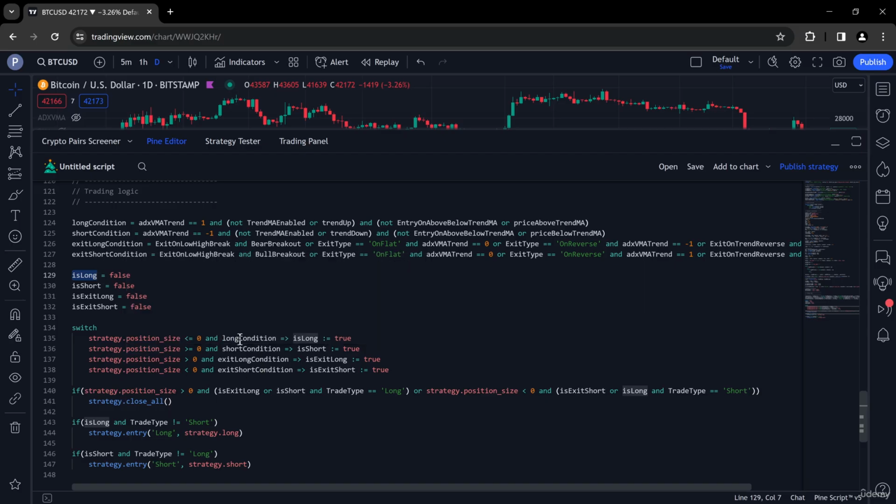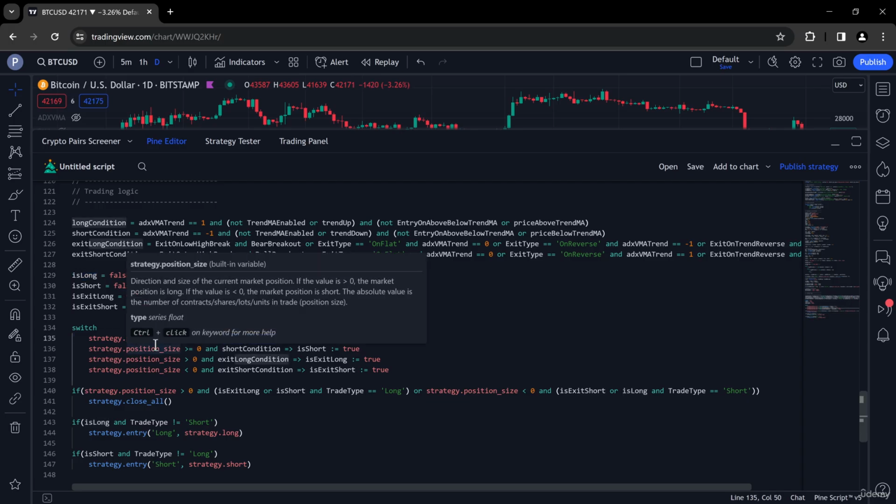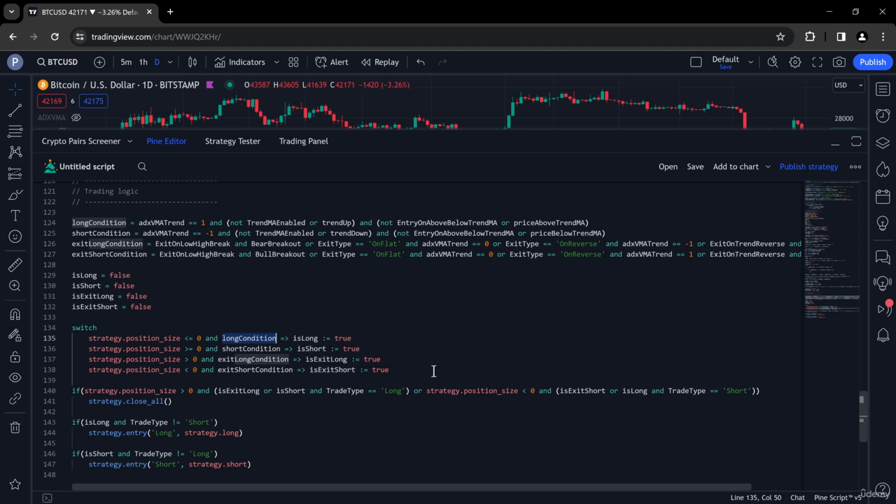First, the setting of the is long variable is going to depend on the long condition and whether current strategy position size is less or equal 0, meaning that if current strategy is not long and the long condition is true, then is long will be set to true.